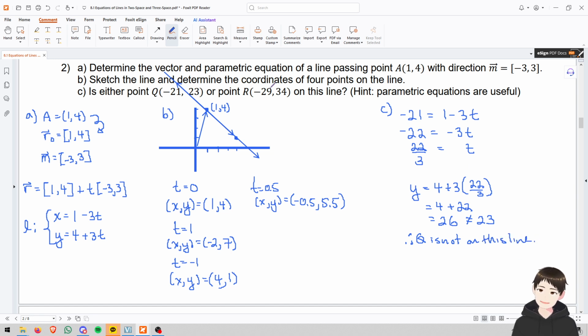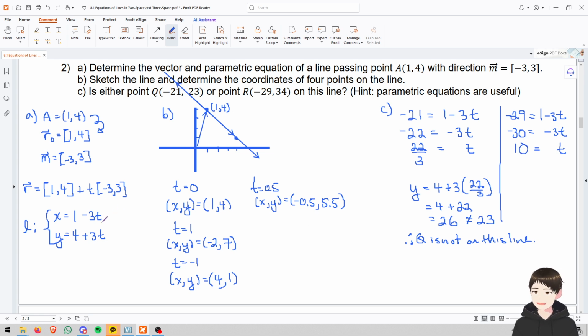Do the same thing for negative 29, 34. You're trying to see, how did I get x equals negative 29? What parameter was used? Subtract both sides by 1. It's negative 30 equals negative 3t. Divide both sides by negative 3. My parameter must have been a 10.